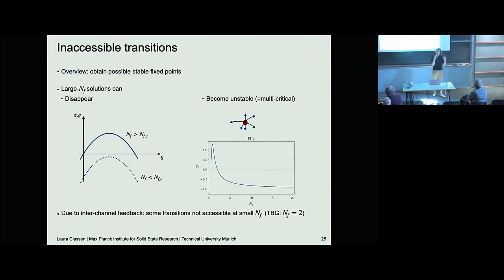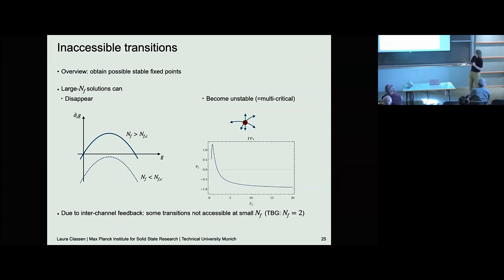Good. So what we did is then get an overview of all the possible fixed points we have here, and then study them as function of this NF to see what happens when we turn on this interchannel feedback. And we found that it's something, I guess, well known, but we found that these large NF mean field solutions can disappear, and they can do so in several ways. First of all, the solution might just disappear as function of NF, so move into the complex plane.